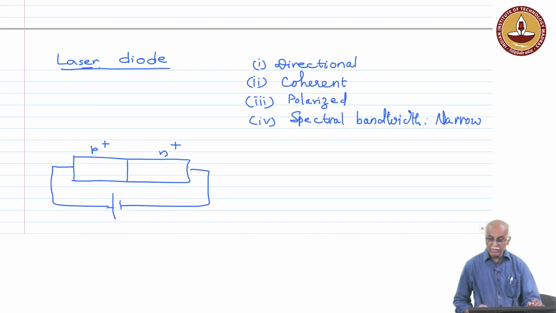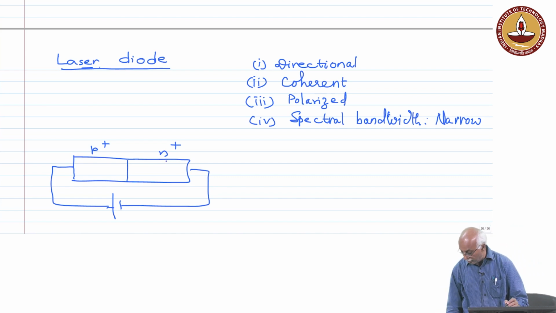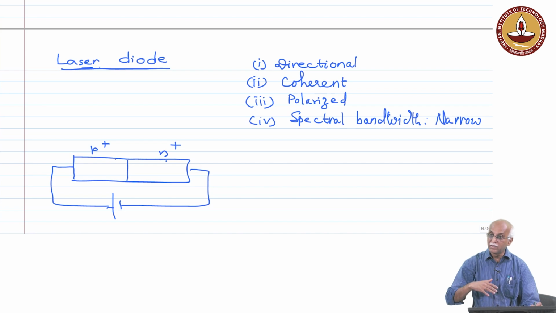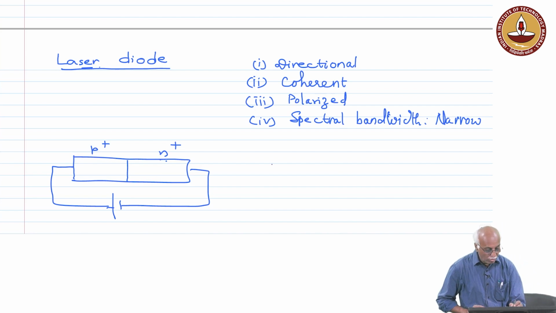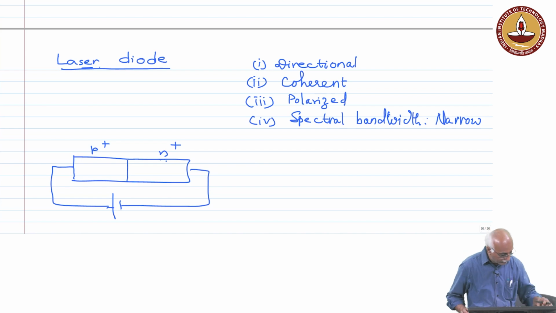Now, what will happen when they are heavily doped and when we apply forward bias? When they are heavily doped, the conduction band in n type and the valence band in p type, the Fermi levels are almost submerged within this energy gap. So, shall I draw?